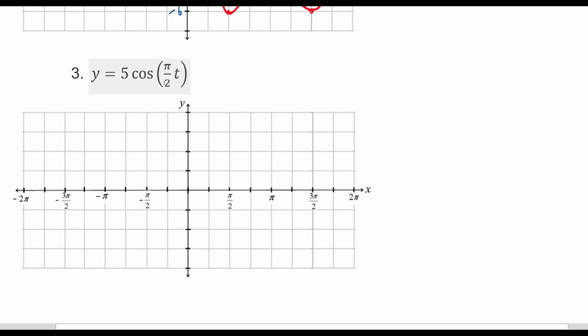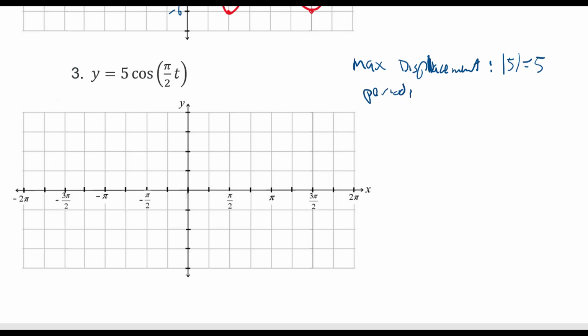And the next one, we have y equals 5 cosine of pi over 2 t. Again, our maximum displacement is going to be the absolute value of 5, so it's 5. The period is 2 pi over pi over 2, so that would be 4.